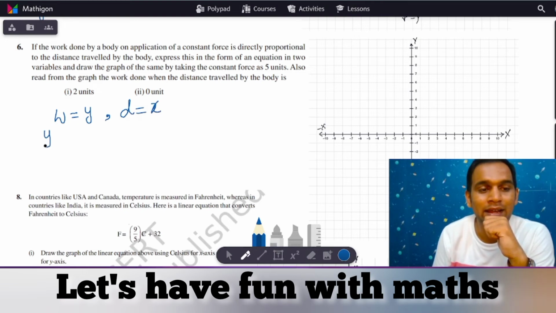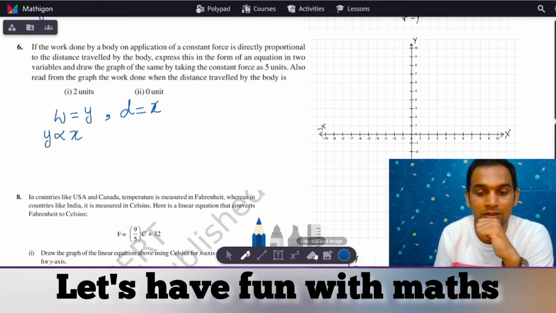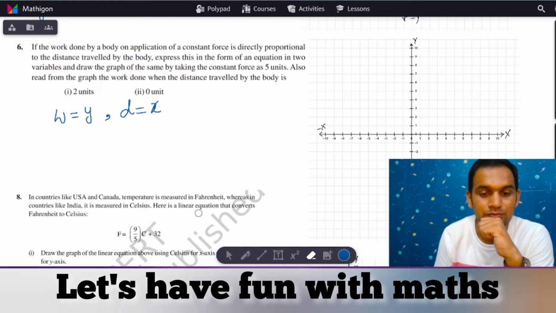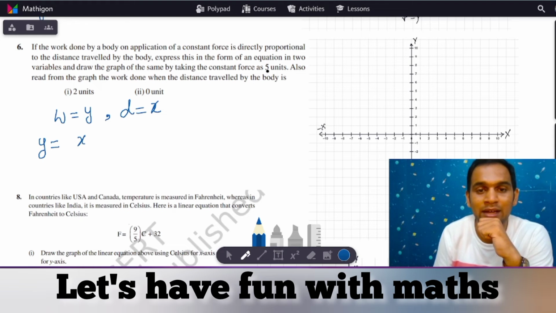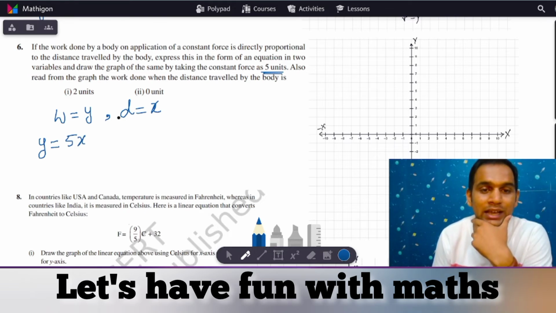According to the question, y is directly proportional to x. And the constant force is given as 5 units. So y equals 5x. That is the equation we have.